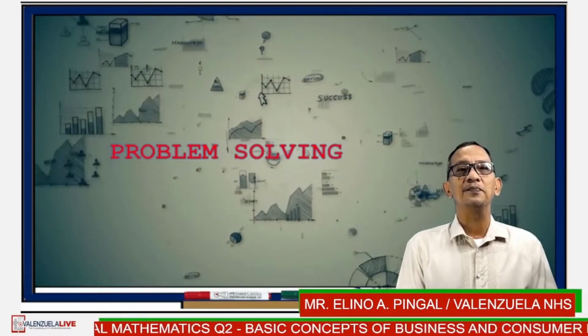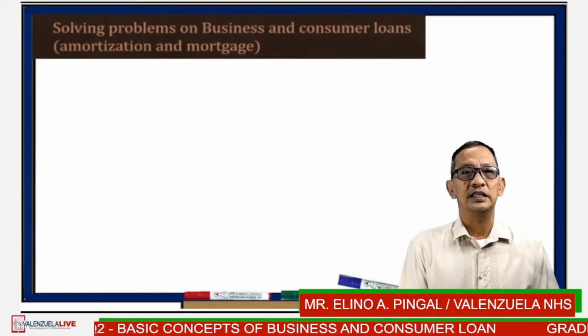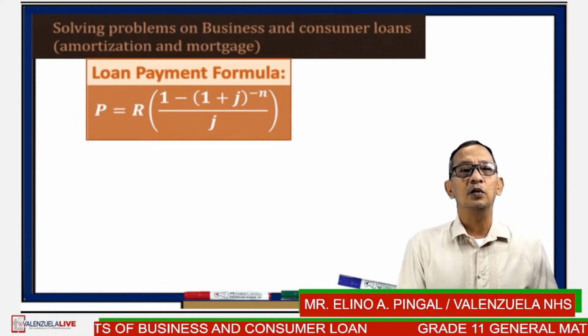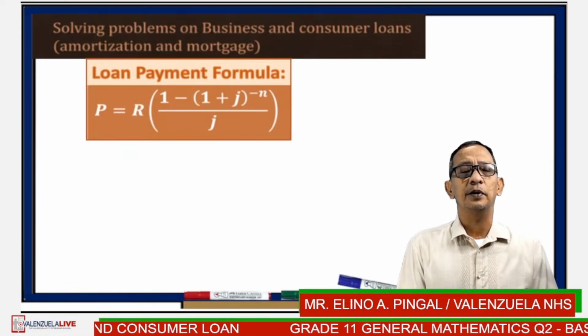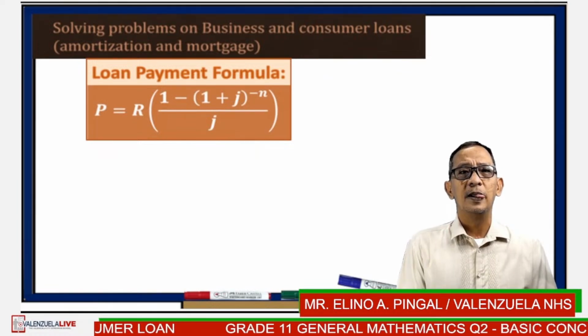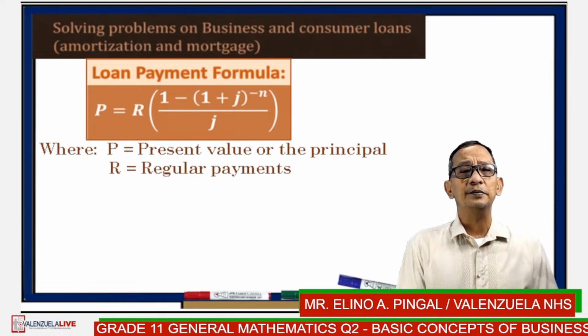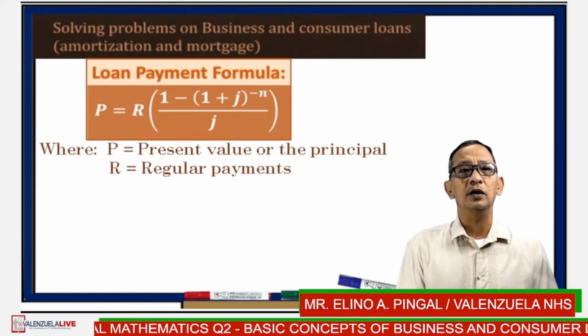Let's have some example problem to further understand the concept. Solving problems on business and consumer loans, both amortization and mortgage. The loan payment formula, and this is the important formula to be used for the problem solving. P is equal to R times the quantity 1 minus the quantity 1 plus j raised to negative n, all over j.